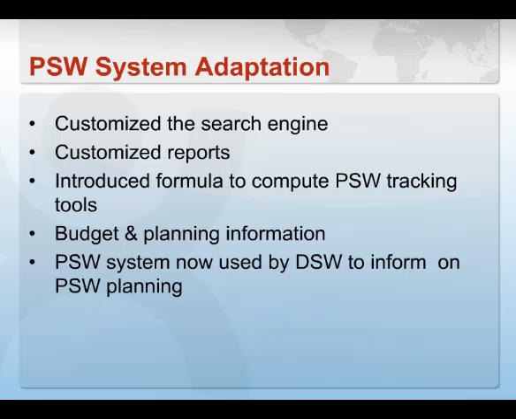We have already produced some reports, and the social welfare tracking system is used in issues related to budgeting and planning information. And also the parasocial worker system is now used by the Department of Social Welfare to inform the parasocial workers program in terms of planning, implementation, and monitoring.